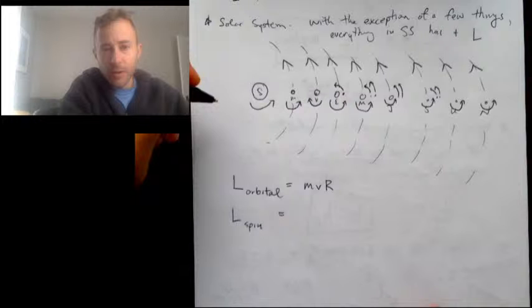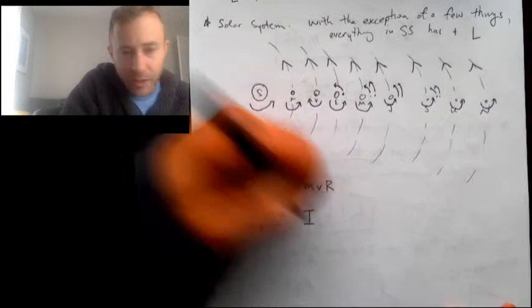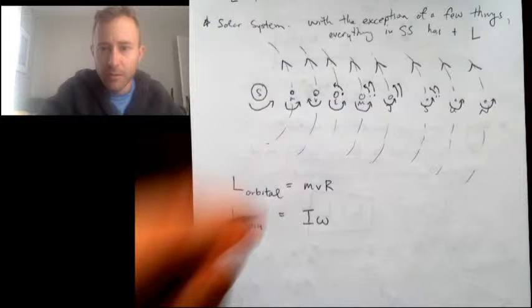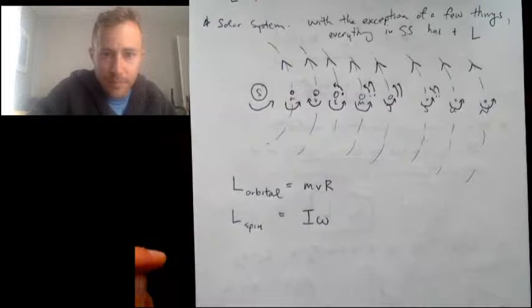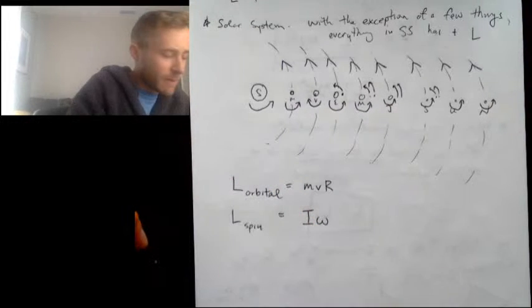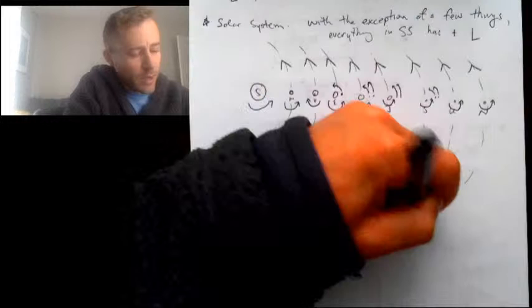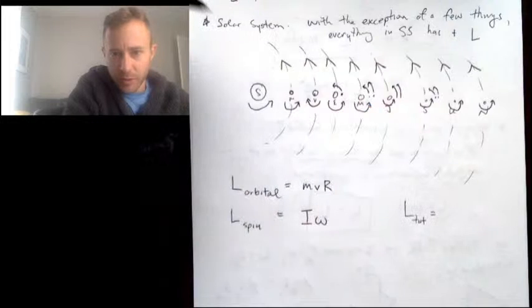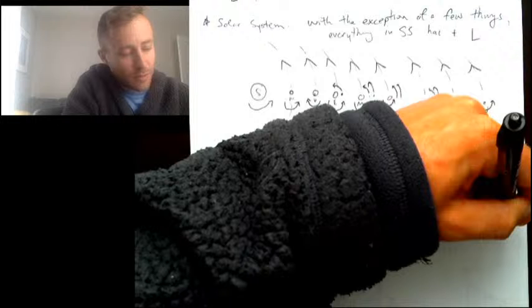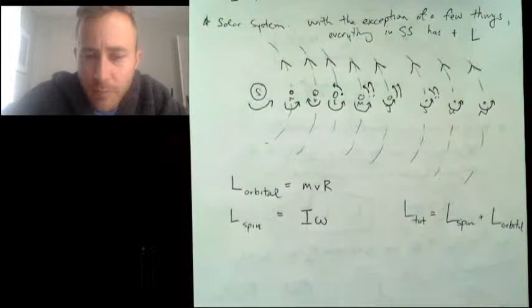The formula for spin angular momentum is the inertia of the spinning body times its angular velocity. And this is the angular velocity of the spinning about its axis. Okay? And so the total angular momentum is going to be the spin angular momentum plus the orbital angular momentum. Okay?